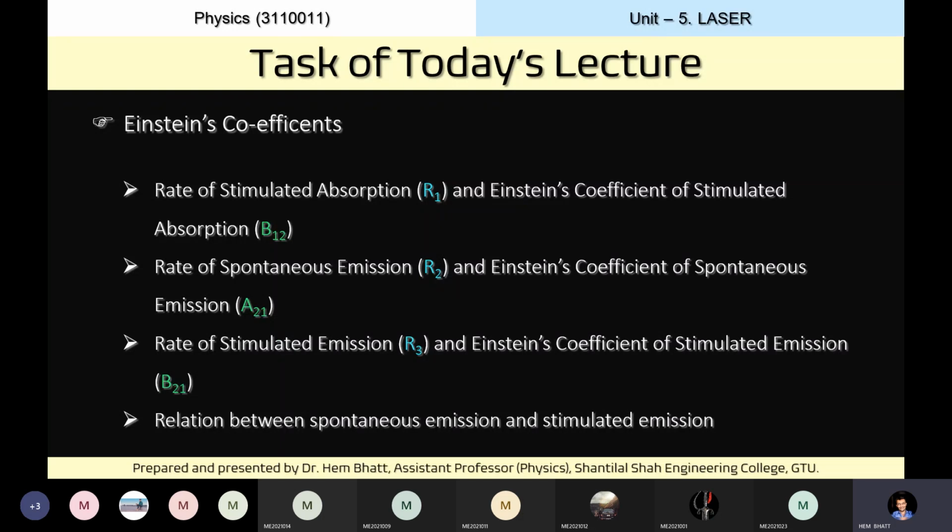Einstein છે ને એણે એક થિયરી આપી હતી કે તમે લેઝર ઉત્પન્ન કરાવો તો શેમાંથી તમે ઉત્પન્ન કરાવી શકો? From which material you can produce laser? Can we produce laser from any material? So he suggested that you will have to see what are the chances of spontaneous emission and what are the chances of stimulated emission.